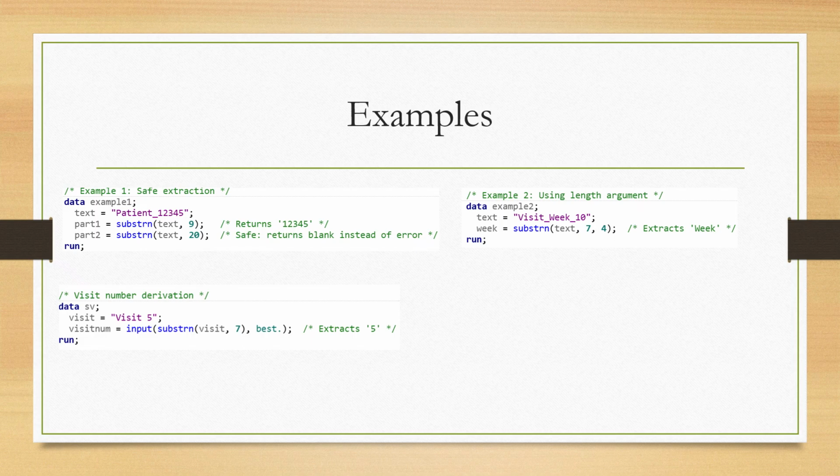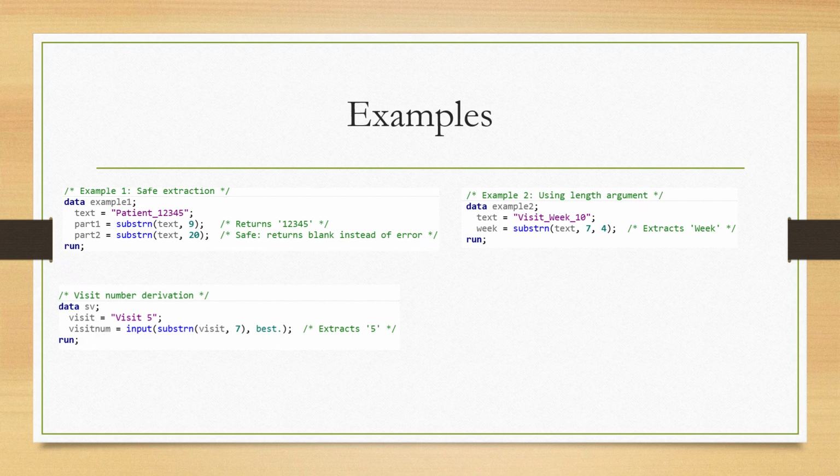So here the SUBSTRN is applied on the text variable which has the value visit_week_10, and we have given a starting position of 7. From the 7th position it will read the next 4 characters.